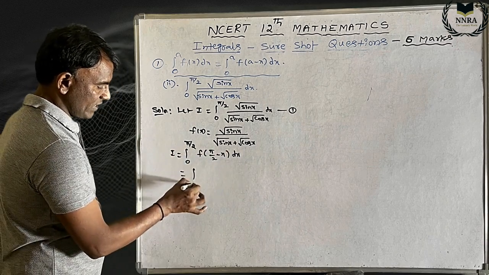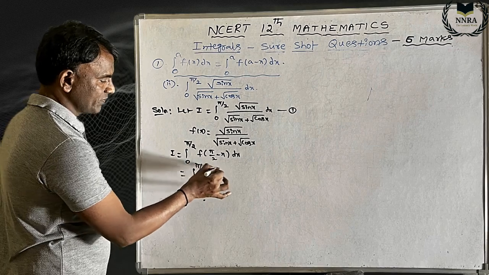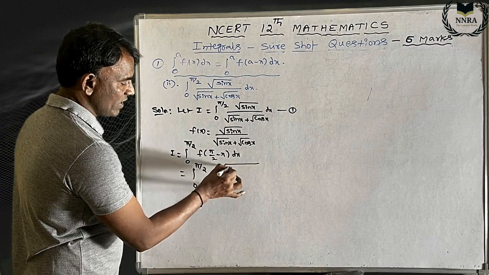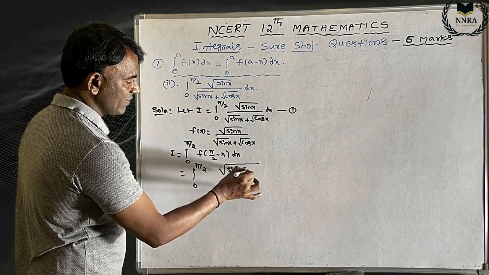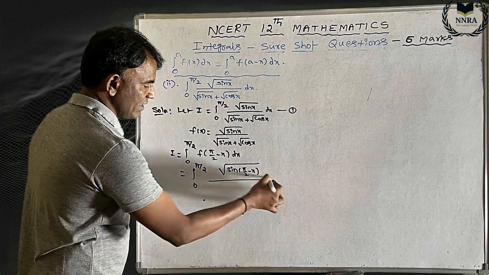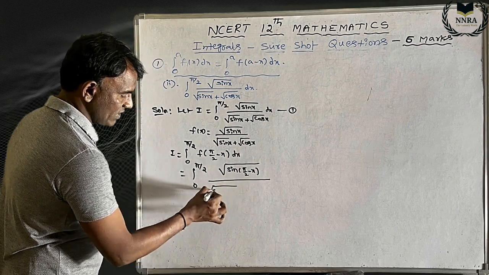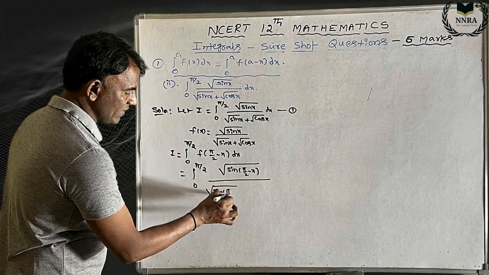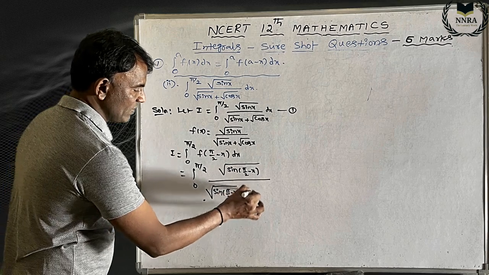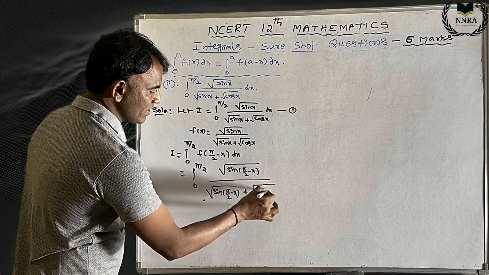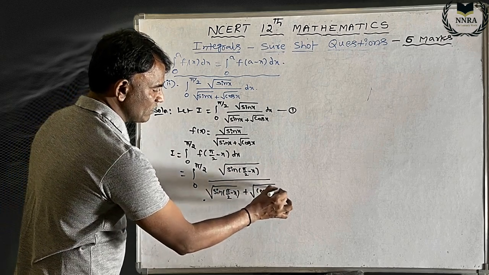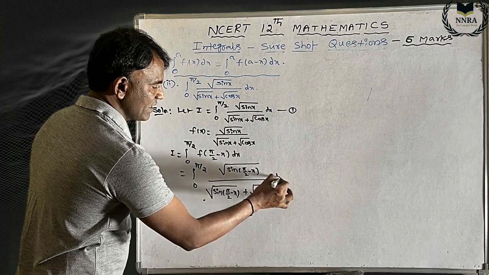So how to write this one? 0 to pi by 2. Numerator: square root of sin of pi by 2 minus x, and denominator: first one is square root of sin of pi by 2 minus x, plus second one is square root of cos of pi by 2 minus x, then dx.